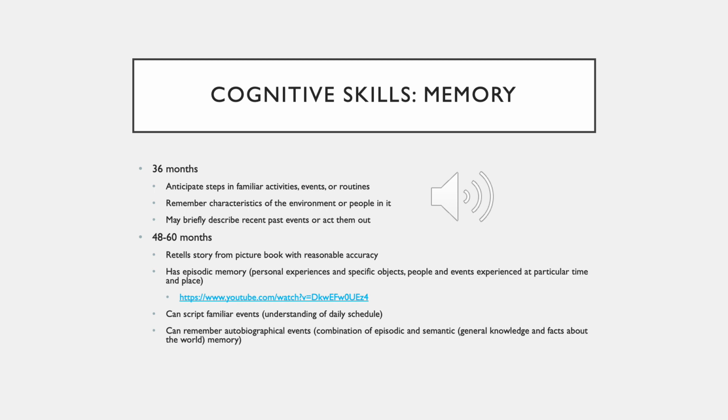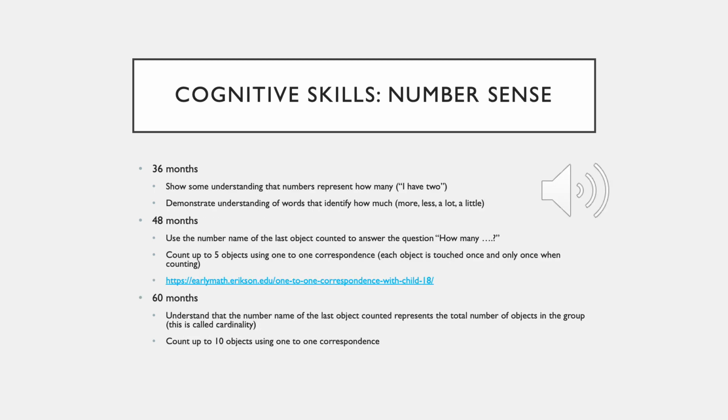So again, it's about having concrete knowledge about events and understanding and retelling experiences that children have had from their memory. So a lot more detailed, as you can see, from 3, 4, and 5-year-olds. And so it looks to be a bigger difference in being able to retell, understand, and involve themselves in past events that they have experienced.